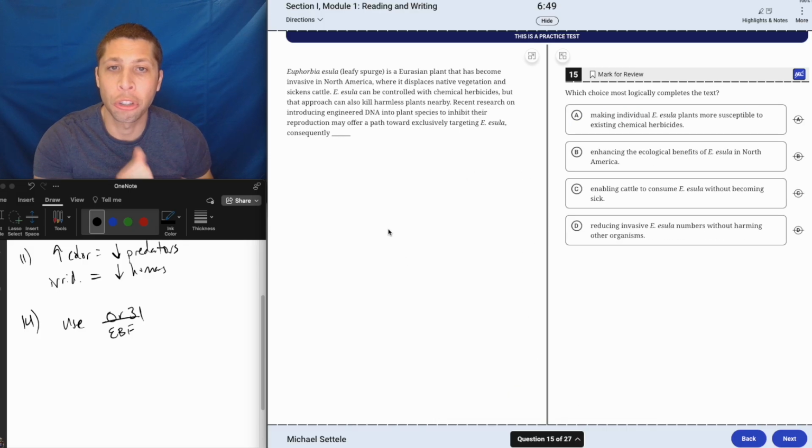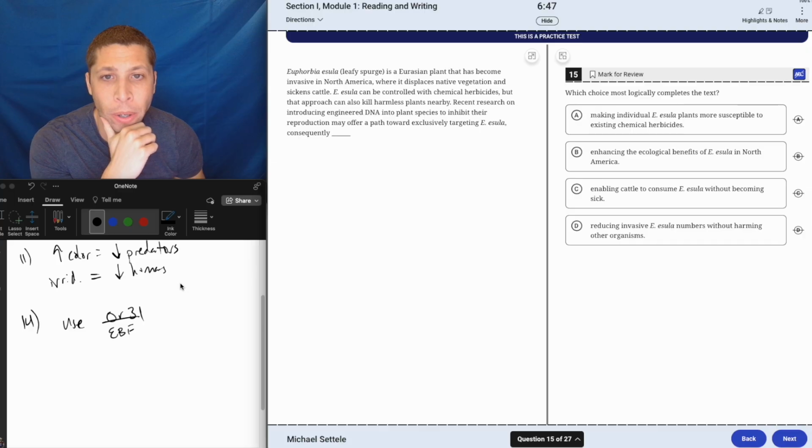This leafy spurge is a rare Asian plant that has become invasive in North America where it displaces native vegetation and sickens cattle. Leafy spurge can be controlled with chemical herbicides, but that approach can also kill harmless plants nearby. Recent research on introducing engineered DNA into plant species to inhibit their reproduction may offer a path toward exclusively targeting leafy spurge.